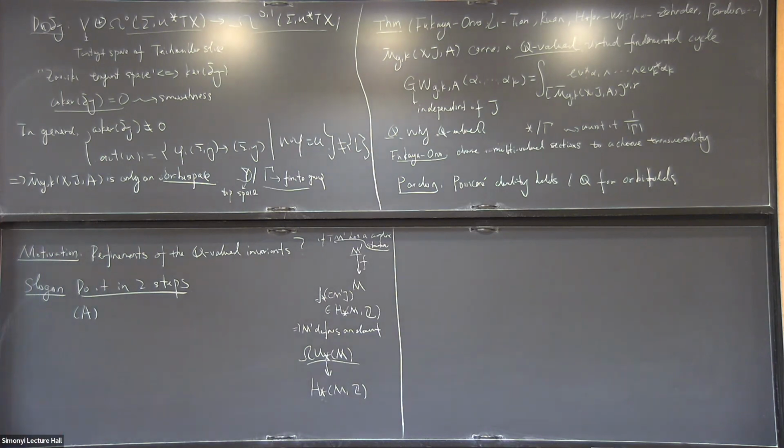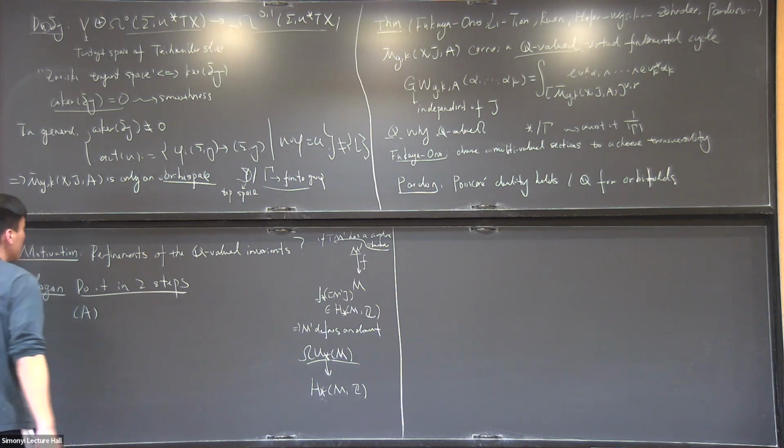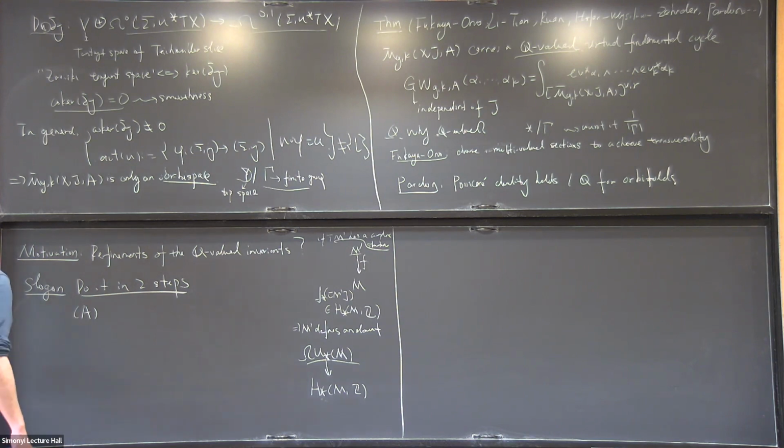All right, let me go back to what I want to say here. So, right, we want to do it in 2 steps. The first step is to find some kind of universal theory to be a host of fundamental classes of Gromov-Witten theory.